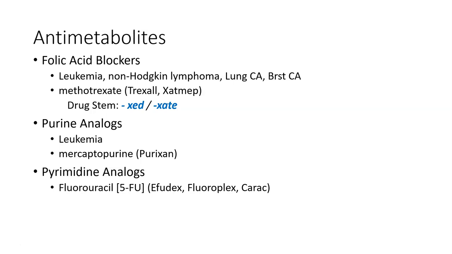This drug can be given as an IV, but it can also be applied topically for certain types of skin cancers. And we have cytarabine or tarabine as the drug stem, with the exception of fluorouracil. Of course, that's going to be something different. But examples of other drugs include capecitabine, cytarabine, and gemcitabine. So just so that we see that cytarabine or tarabine drug stem.